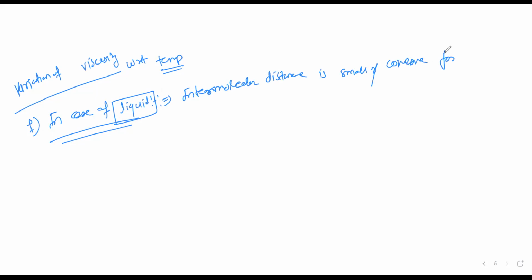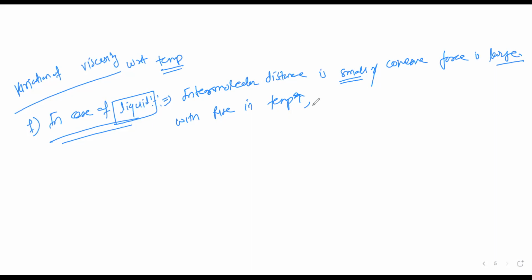the cohesive force is large. It means with a rise in temperature, this intermolecular distance increases and the cohesive force decreases. And if the cohesive force decreases, resistance to the flow also decreases.